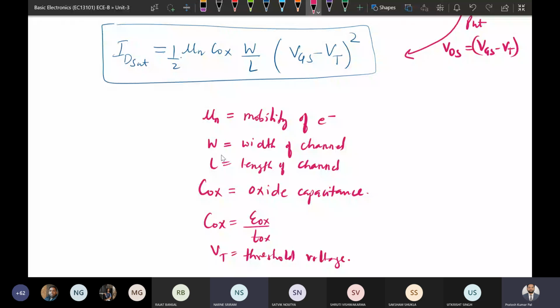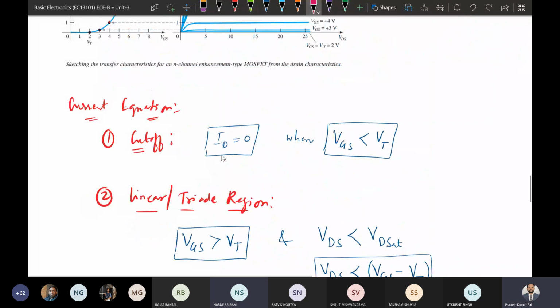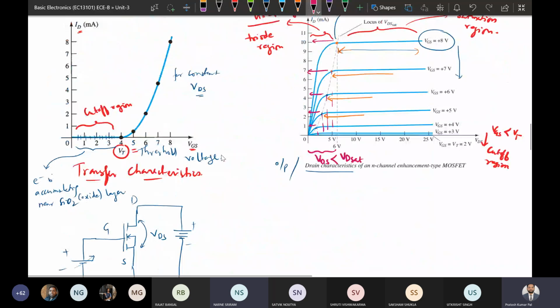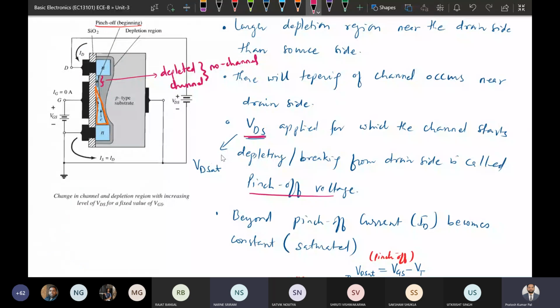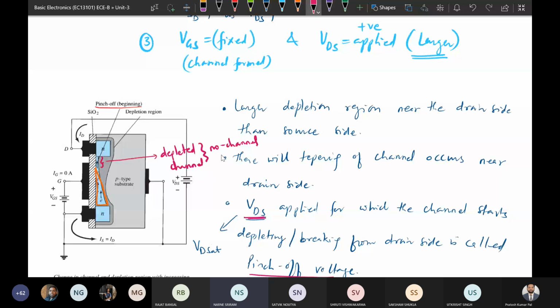Gate to source voltage. One more point I would like to say here. As we apply a larger VDS value, depletion takes place in the channel region, so the channel is going to deplete.